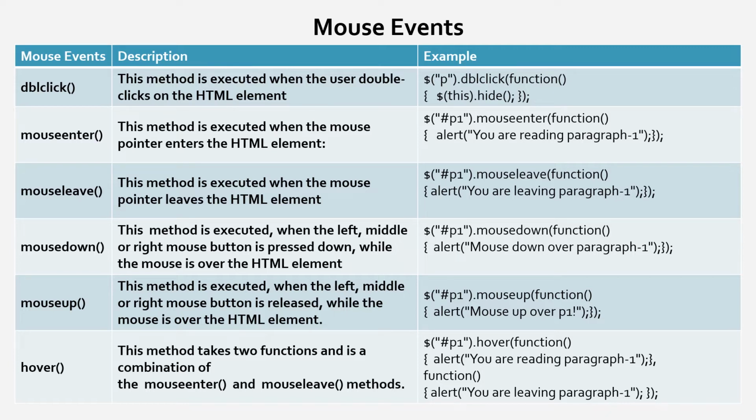The only thing is you need to specify mouse up: when the left, middle or right button is released while the mouse is over the HTML page, you will get an alert like mouse up over paragraph 1.